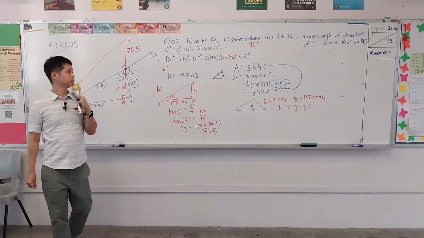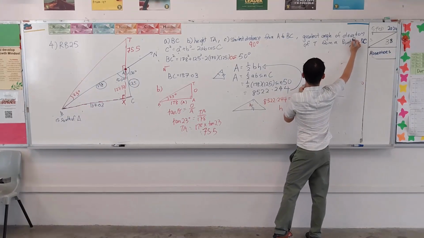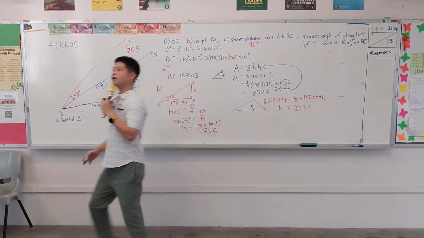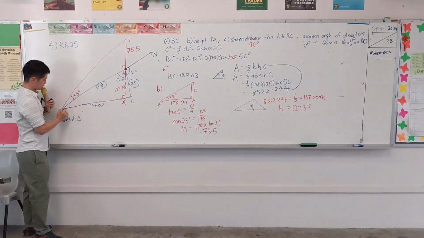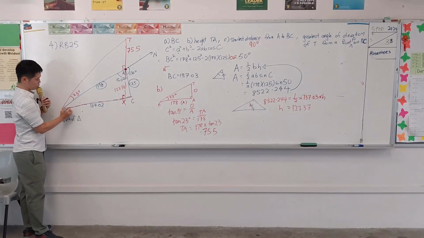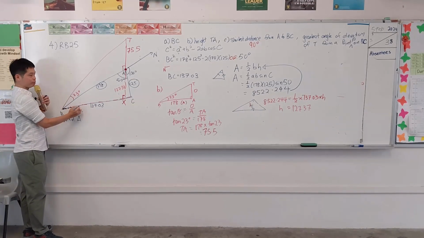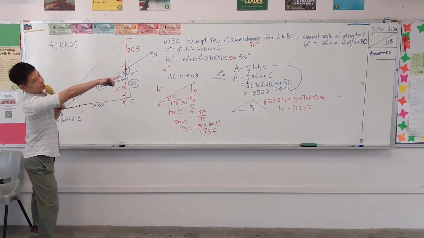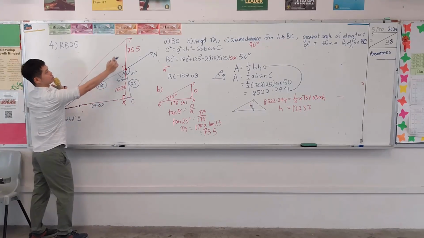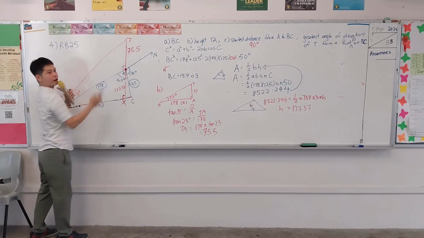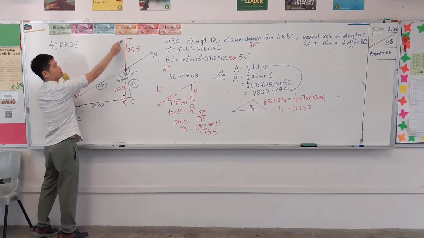Okay, the last one. From a point P. Where is P? P is on BC. I'm going to walk along BC. Look at my markers here. When will I be nearest to the tower? This is the tower.